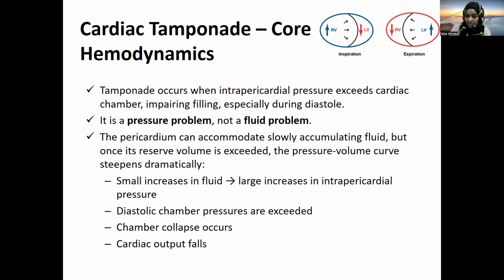So in pulsus paradoxus, in cardiac tamponade, when you put your hands on the patient's pulse, when the patient takes a deep inspiration, the pulse becomes quite faint, right? And then during expiration, it becomes stronger. And that reflects the interventricular septal shift during inspiration and expiration, because for the right ventricle to fill in and accommodate the venous return, the interventricular septum has to shift to the left side during inspiration, and the reverse happens during expiration.